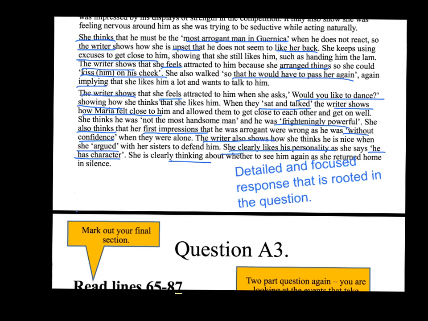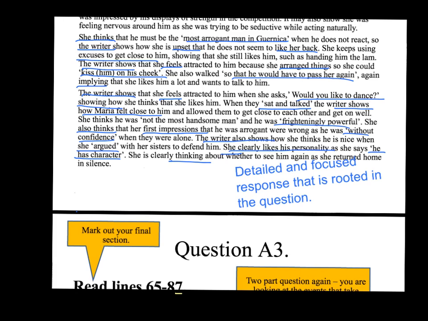She clearly likes his personality, as she says he has character, and she's clearly thinking about whether to see him again as she returned home in silence. The reason why this is a very good answer is because we have the use of the writer. We also have the focus on shows. We've got the short quotations, and it's very much tracking through the text as well.